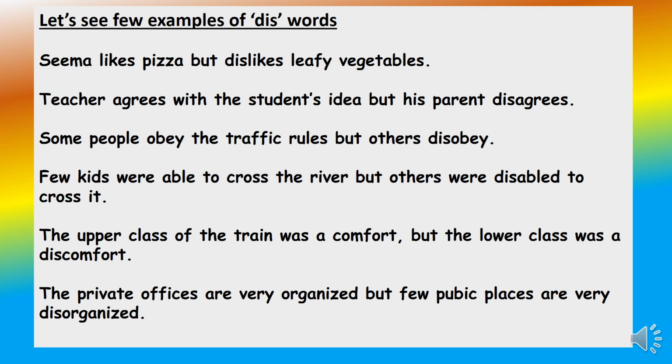A few kids were able to cross the river, but others were disabled to cross it. The upper class of the train was a comfort, but the lower class was a discomfort. Comfort, discomfort. The private offices are very organized, but a few public places are very disorganized. Organized and disorganized.